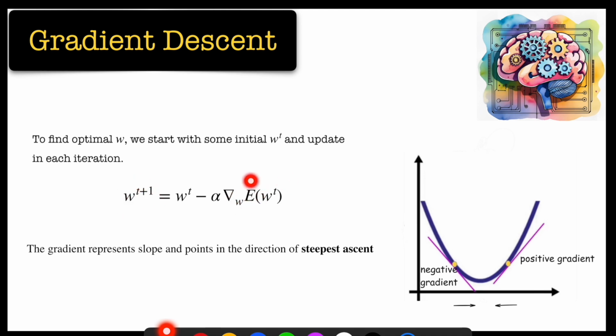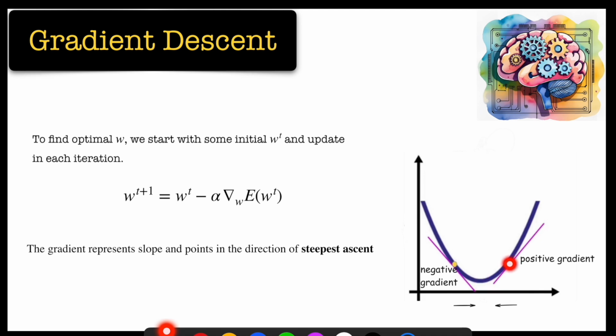So let's think about this gradient first. What is this gradient? The gradient represents slope and points in the direction of steepest ascent. Let's try to understand this. If this is a convex function, for simplicity I have taken 2 dimensions. Gradient represents the slope. At this point, this is the gradient. At this point, this is the gradient. So this is a positive gradient in this direction and this is a negative gradient in this direction. And this convex function has its minimum at this point.